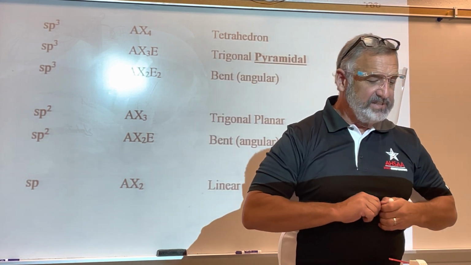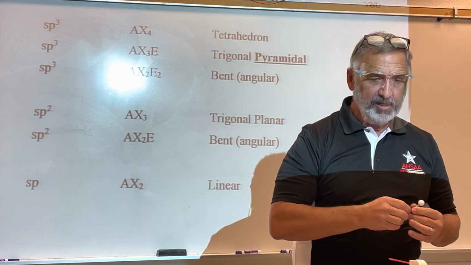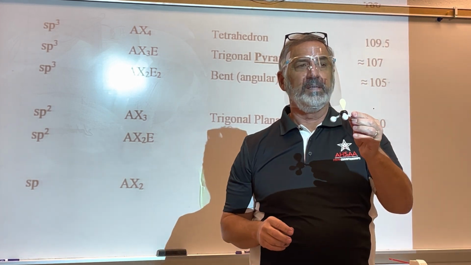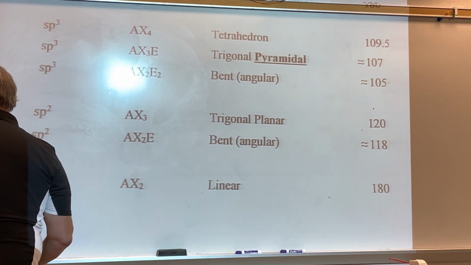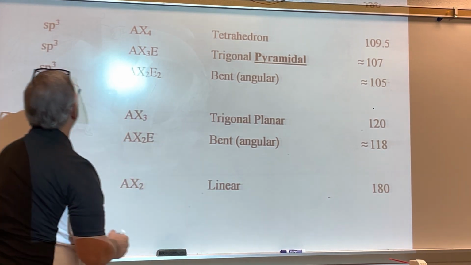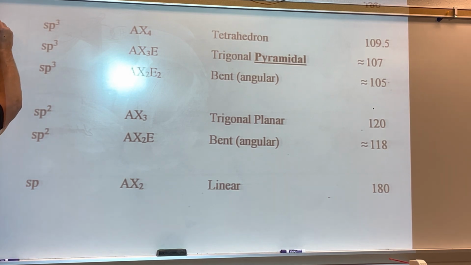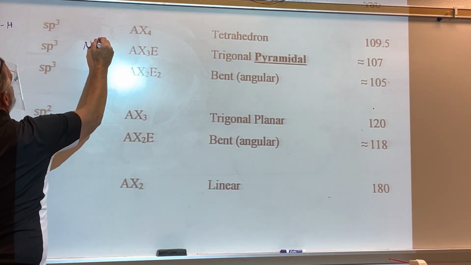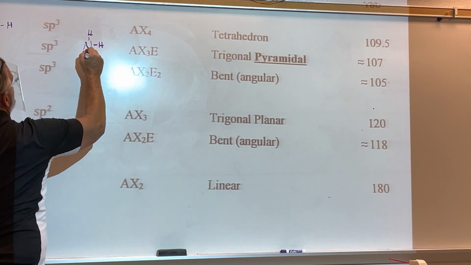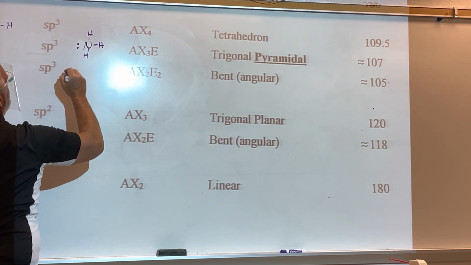Okay, if I take one off and I have a lone pair, now when I look at ammonia, CH4 would be an example of this. sp3 here would be ammonia, nitrogen, hydrogen, hydrogen, hydrogen with a lone pair.